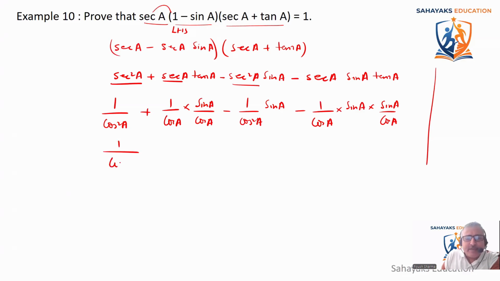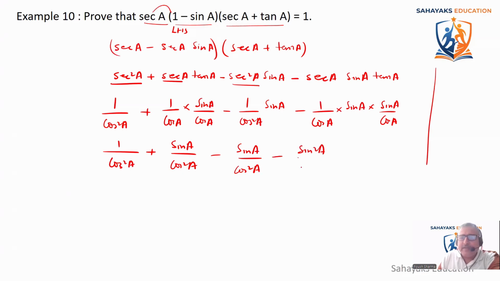It is 1 by cos square A plus sin A divided by cos square A minus sin A divided by cos square A minus sin square A divided by cos square A.